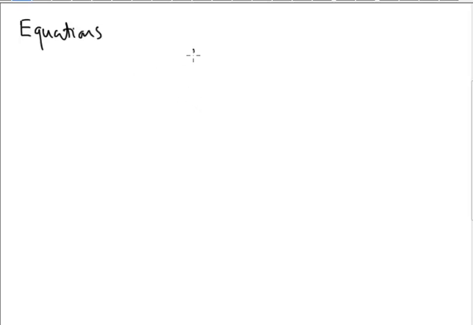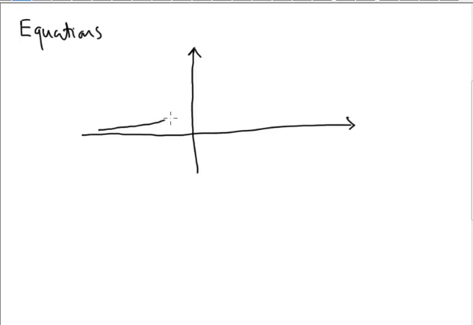Now, some people don't really understand what equations are. I know that. If I've got a function here, let's say this function is 2 to the power x.